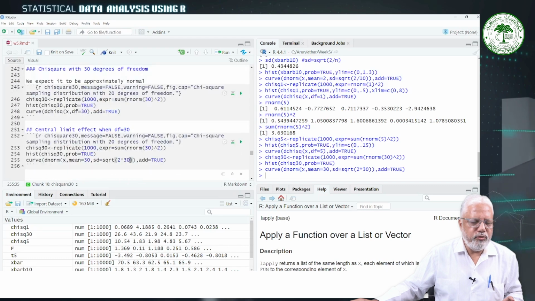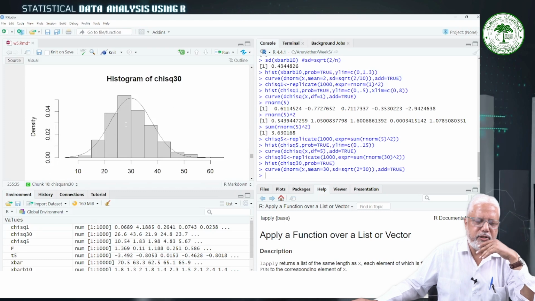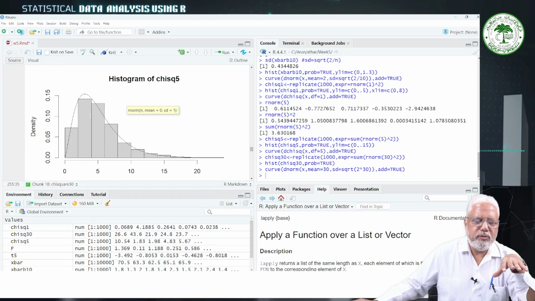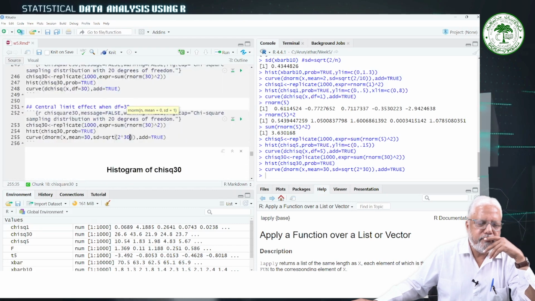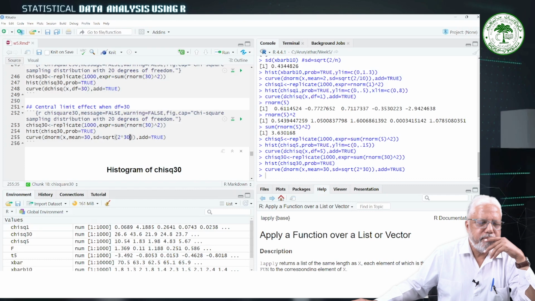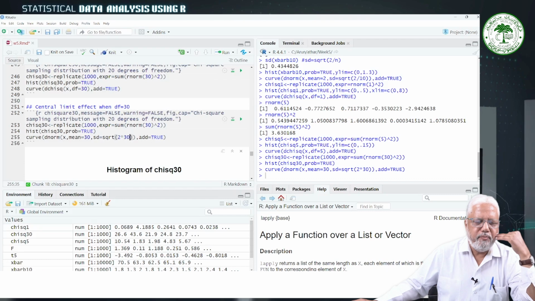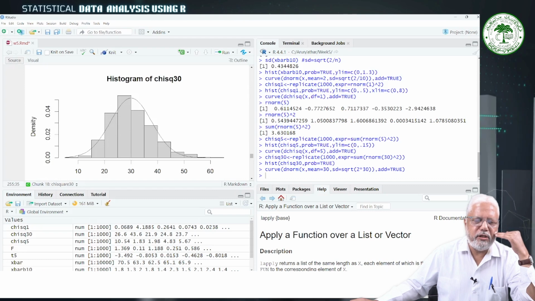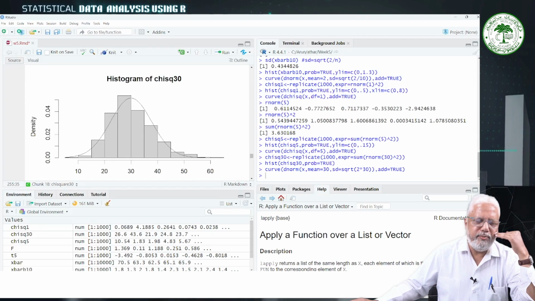this is the chi-square distribution which we are simulating, and we are adding this normal curve on it. We have simulated observations, and then we have added the exact chi-square distribution. But here we are adding on the histogram, which is based on the simulated data from chi-square with 30 degrees of freedom, a normal curve, because we want to see the central limit effect.